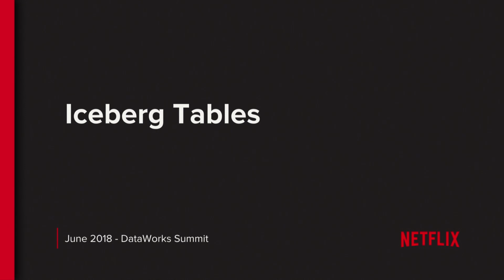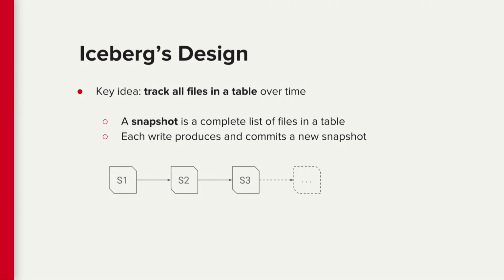So things like atomic operations, no matter where you're making changes in the data, right? And minimal operations, because today we can get atomic operations if you're changing whole partitions, but that's super inefficient. Iceberg also has goals of fixing table schema evolution and all of those things. So let's take a look at how it works.